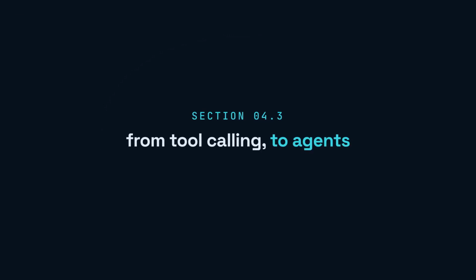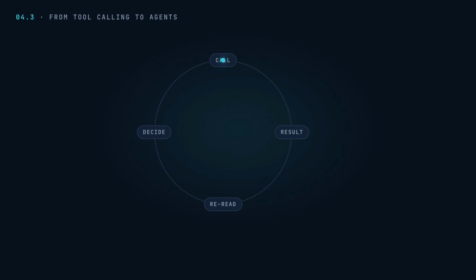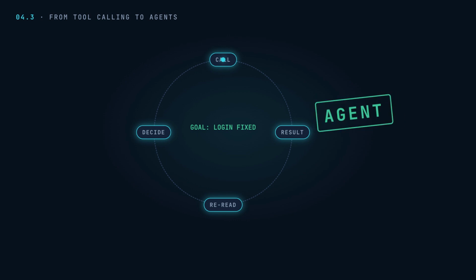Section 4.3, from tool calling to agents. And now, the bridge. Take the round trip and run it on repeat, pointed at a goal. Call, result, reread, decide, call again. Stop when the job is done. That loop has a name, an agent.